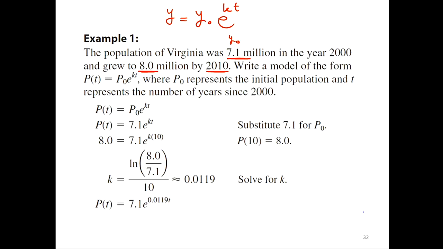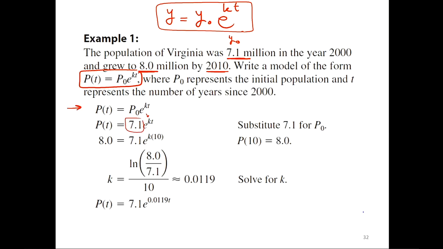Now write a model of this form, where b represents the initial population, 7.1 million in the year 2000, and we need to find the k.